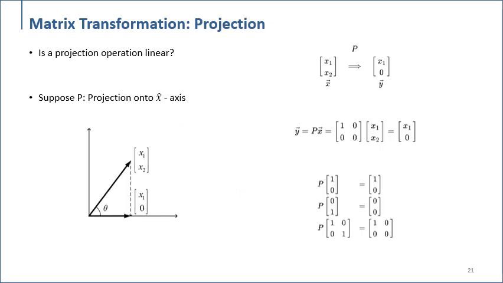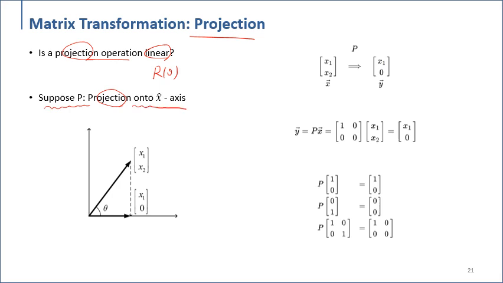The second example of matrix transformation is projection. The projection operation is also one of the linear transformations, so we can use the same way we used to calculate the rotation matrix. Let's say P is a projection matrix onto the x-axis.